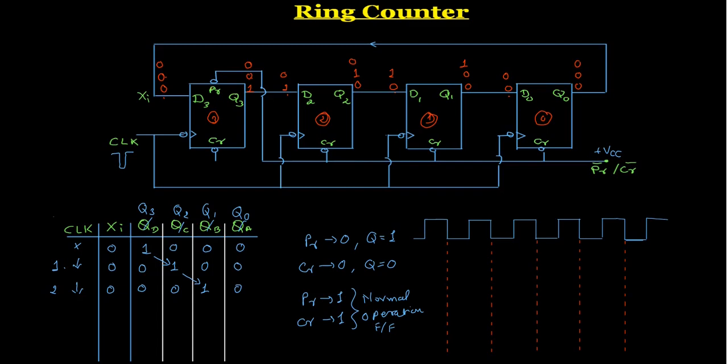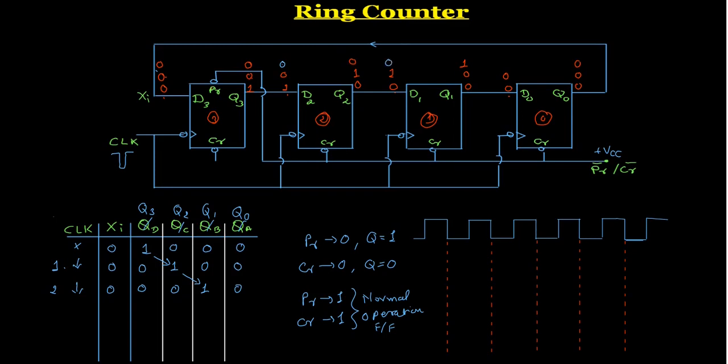Now if you look at this, this 0 is at the input of D3. This 0, whatever the Q3 is there, is an input for D2, and this 0 is input for D1.